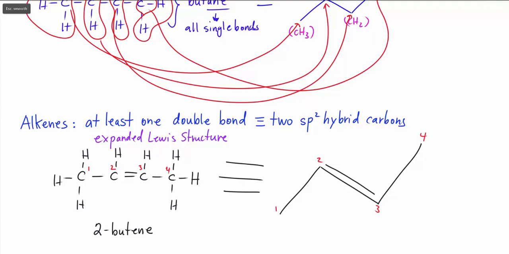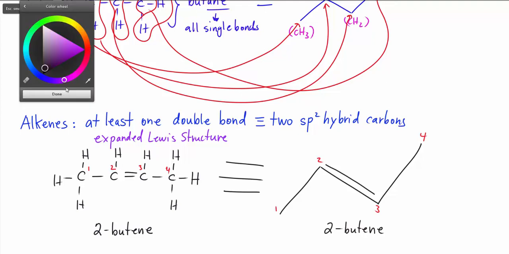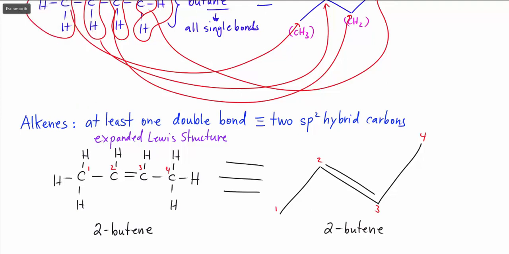And this again would give us 2-butene. So the expanded structure and this line angle structure, they are exactly the same molecule.